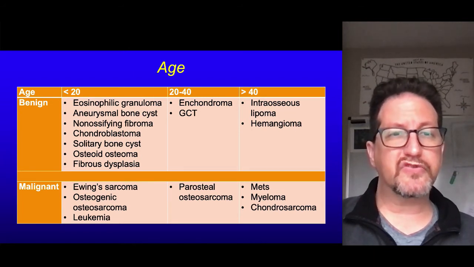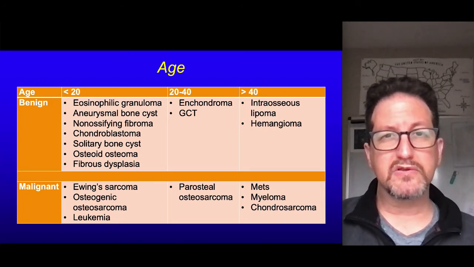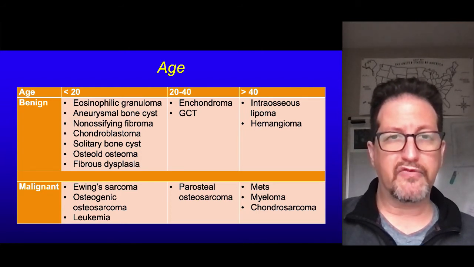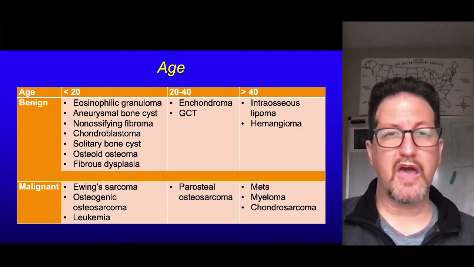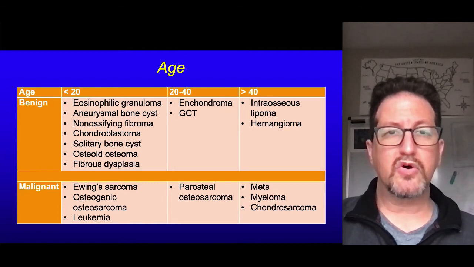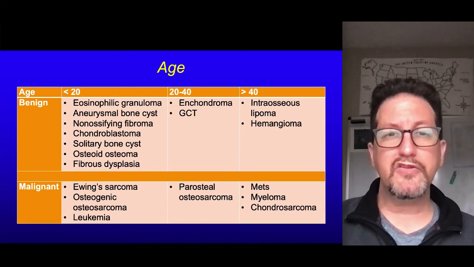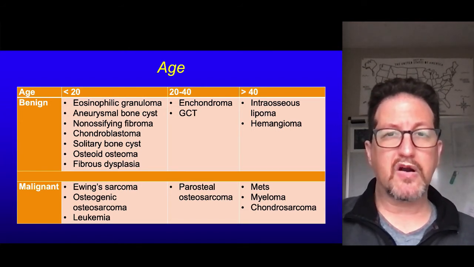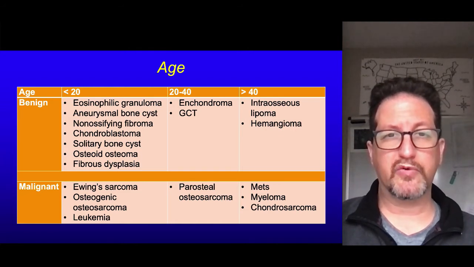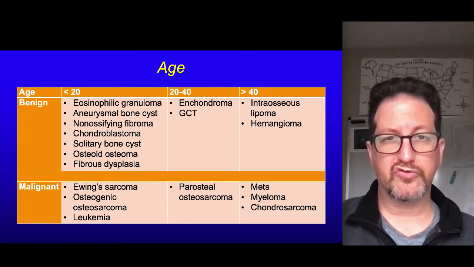Now, if you look at this, the under 20 group has the largest number of tumors. So instead of memorizing everything on this list, look at the other ones. Look at the 20 to 40. For benign, you only have 2 bone tumors in 20 to 40-year-olds, enchondromas and giant cell tumors.